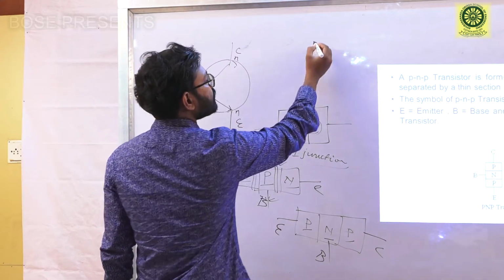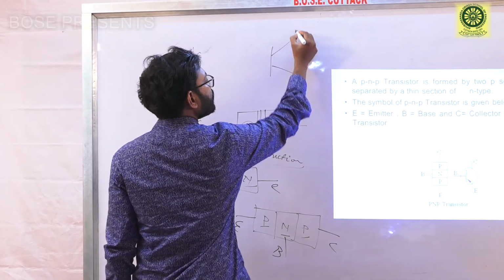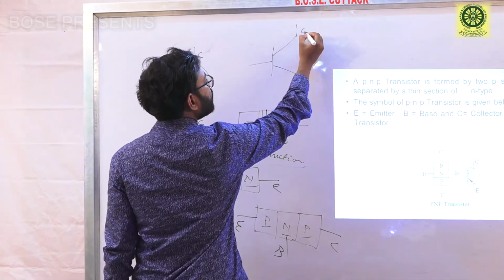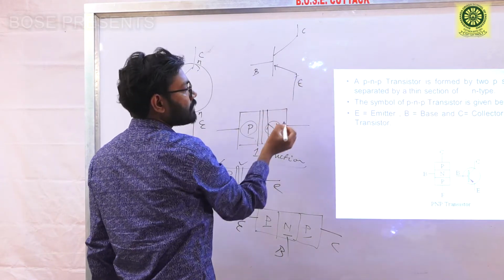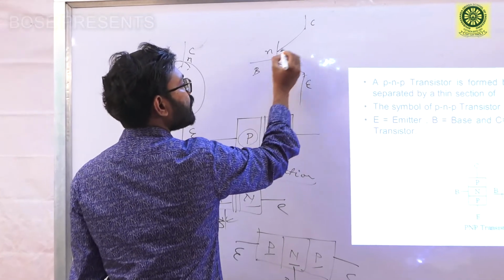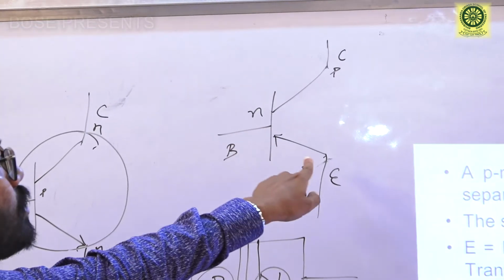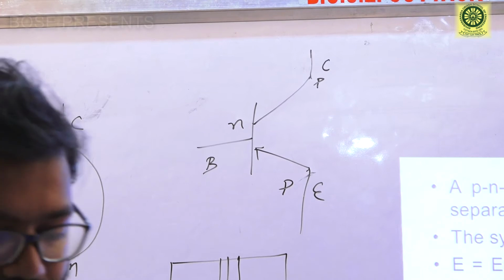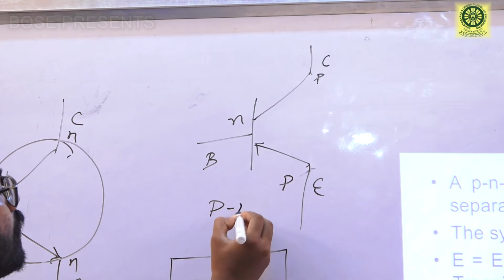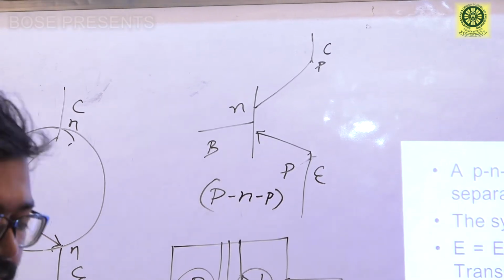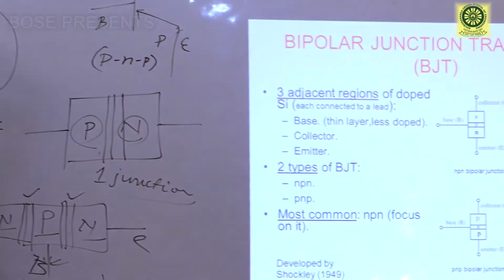For the PNP transistor, first identify the three terminals: collector, base, emitter, and in this case the arrow mark is inside. So this one is P, this one is N, this one is P. The arrow mark is always towards the N layer. So this is the symbol of the NPN transistor, and this is the symbol of the PNP transistor.